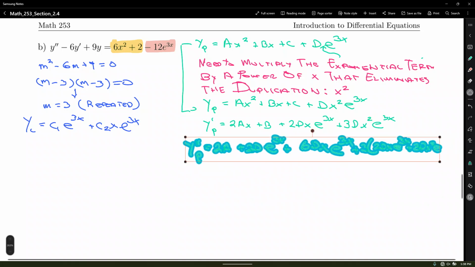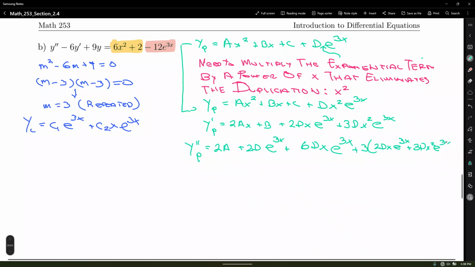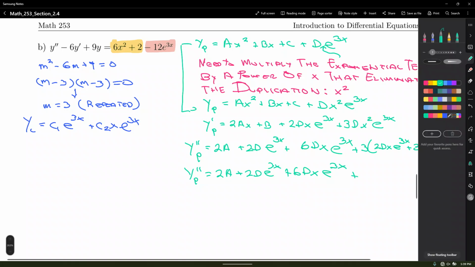Make some room here. e to the 3x. But still, I still need to distribute that 3, right? Okay. So y sub p double prime. That's 2a plus 2d e to the 3x plus 6dx e to the 3x plus, okay, guys, careful here.